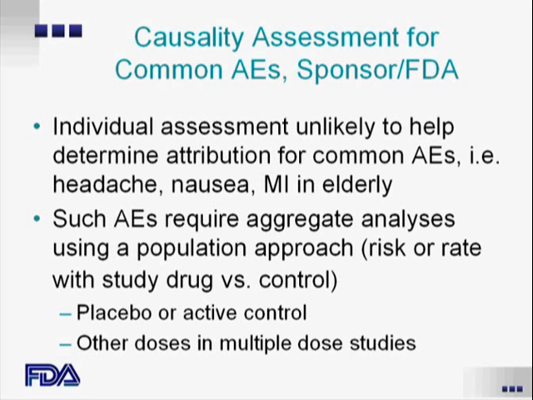Such events will require aggregate analysis using population approach, and that is available to the sponsor. So once there's a rate difference of these adverse events been found not to favor the comparator, so the drug on the study will have a higher rate of these events, it will have to be reported to the FDA.